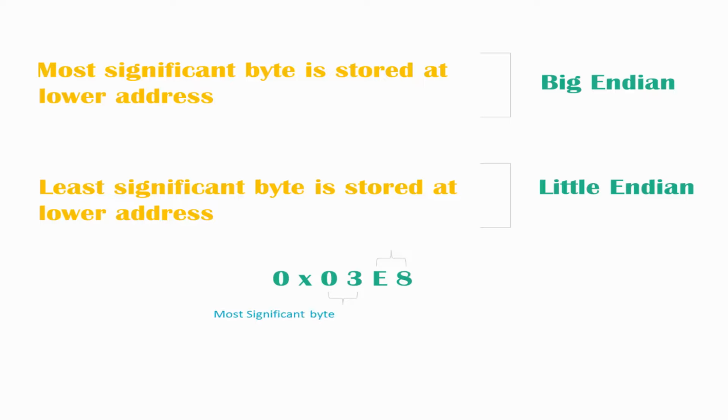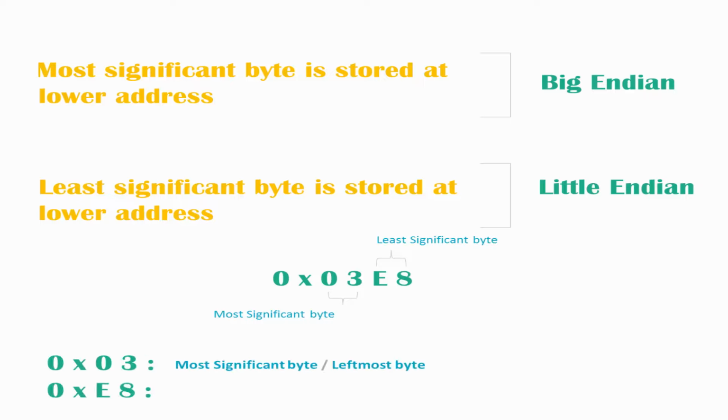The leftmost byte is the most significant byte, and the rightmost byte is the least significant byte. So keep in mind, with a big endian, the most significant byte is stored at the lower address, and with a little endian, the least significant byte is stored at the lower address.